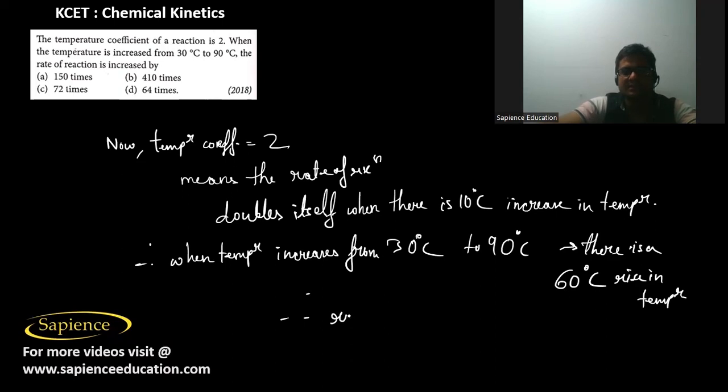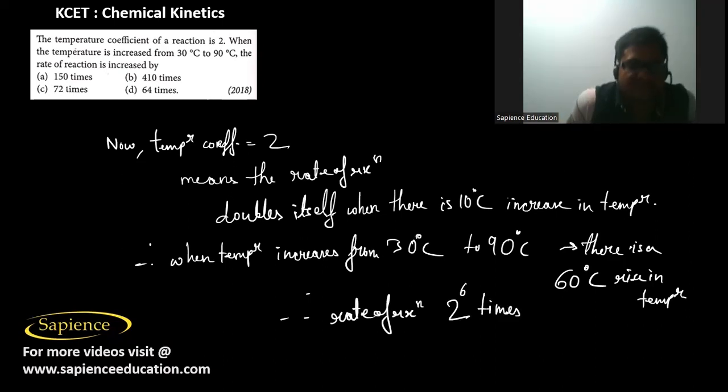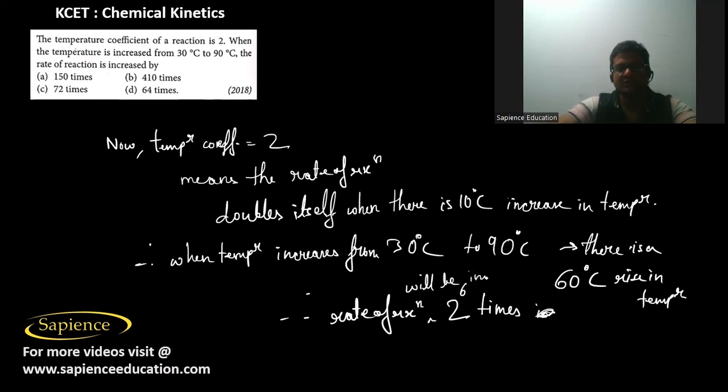Therefore, the rate of the reaction will be increased to 2 power 6 times of the initial rate. 2 power 6 means 64 times. So option D is the correct answer.